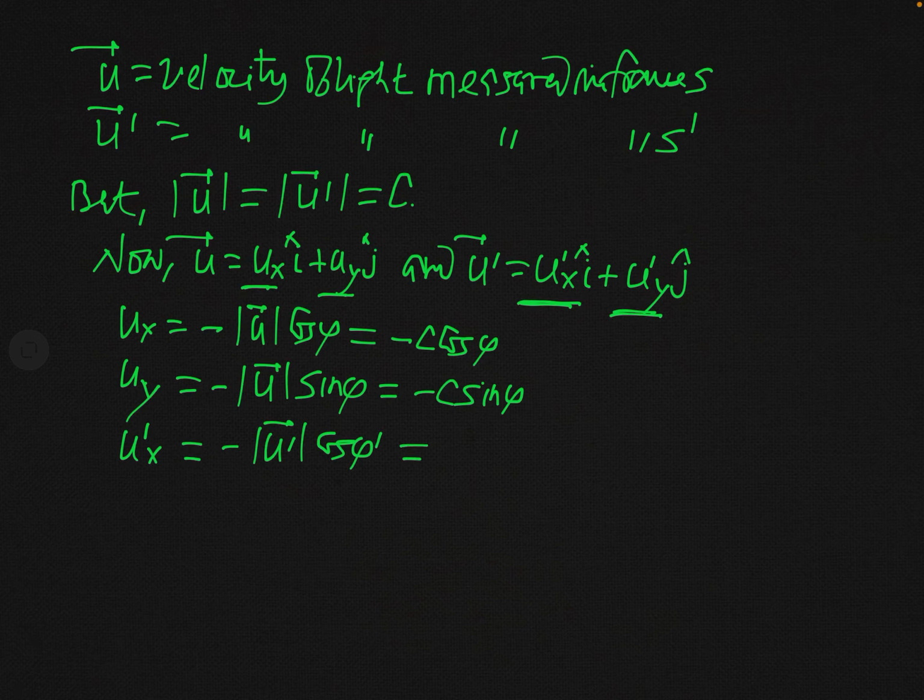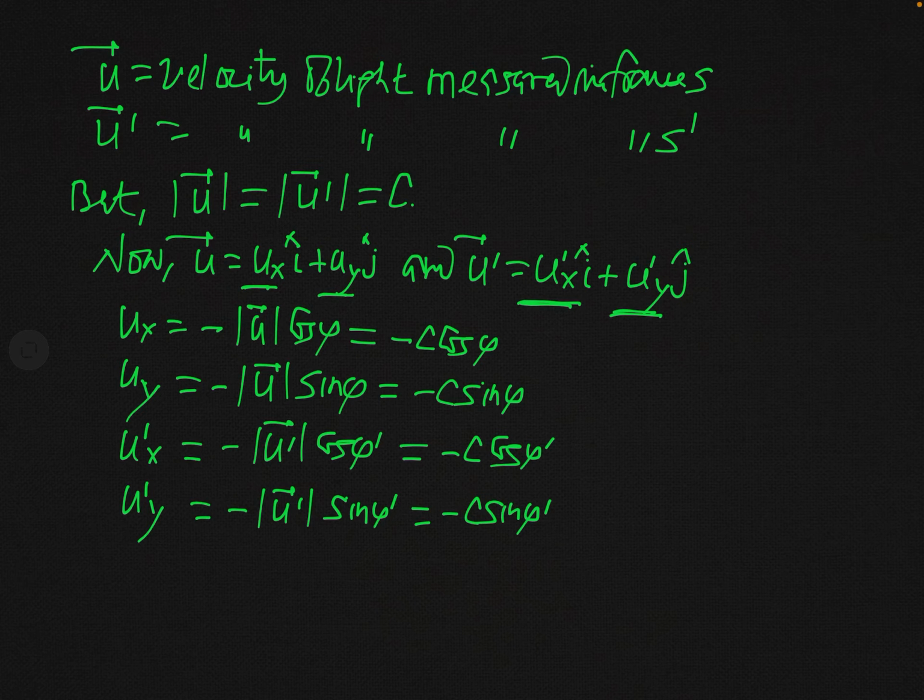And you know the modulus of u prime is simply equal to c. So this is minus c cos phi prime. And again u prime y, what will this be? This will be minus modulus of u prime sin phi prime, and this will be minus c sin phi prime.